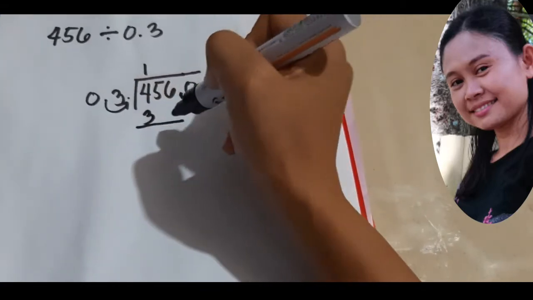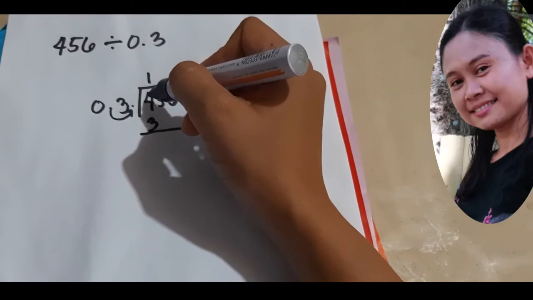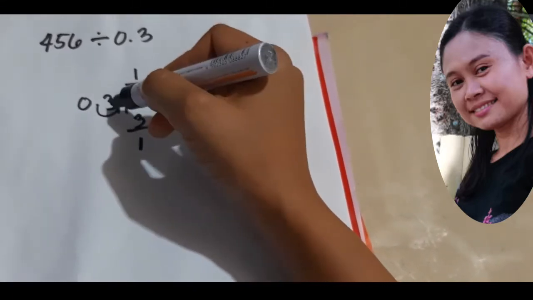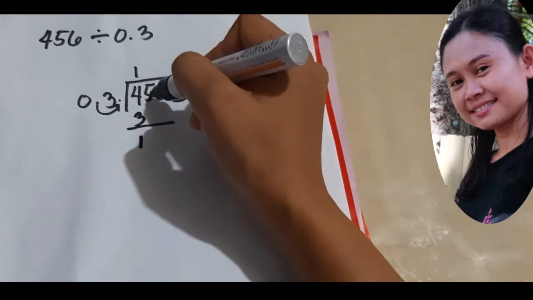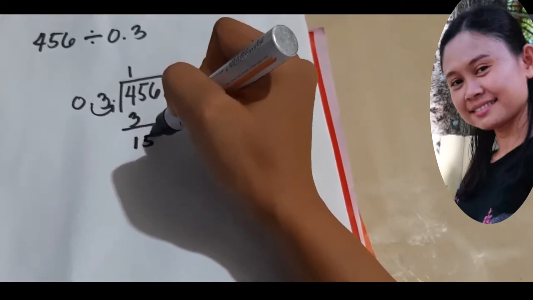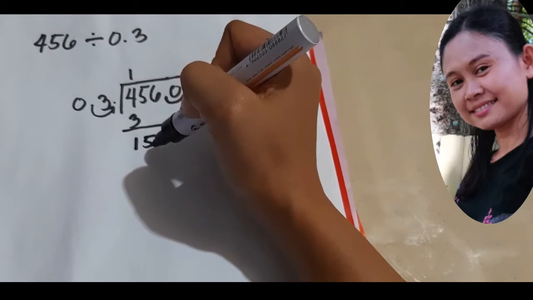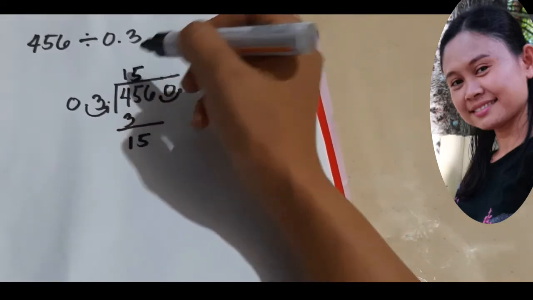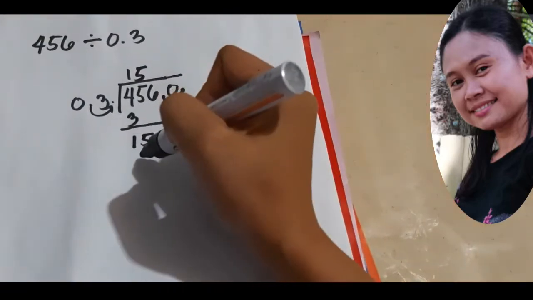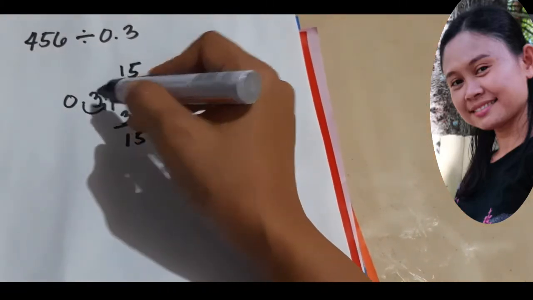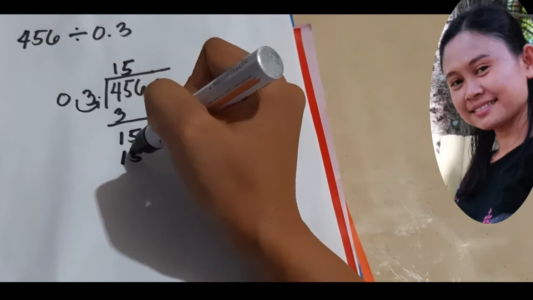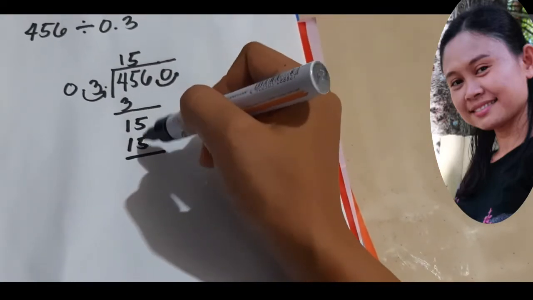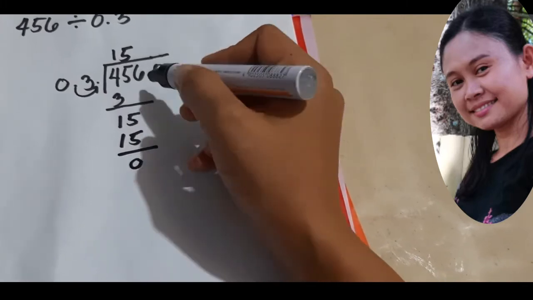Then subtract. 4 minus 3 equals 1. 1 cannot be divided by 3, so we have to bring down 5 to make it 15. 15 divided by 3 equals 5. 5 times 3 equals 15. Then subtract again. 15 minus 15 equals 0.